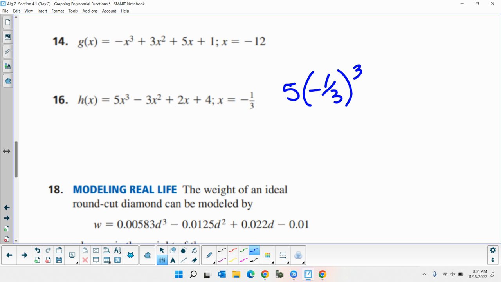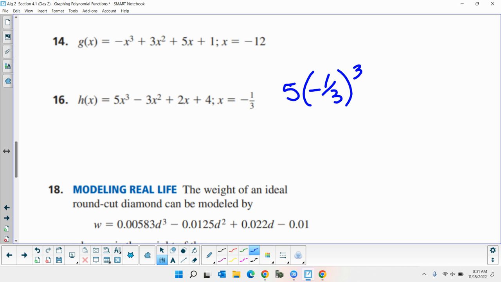The weight of an ideal round cut diamond can be modeled by that function where W is the weight of the diamond in carats, and D is the diameter in millimeters. According to the model, what is the weight of the diamond with a diameter of 12 millimeters? So all we're doing is plugging 12 in, right? So 8.53 would be the answer when you plug 12 in. All right.